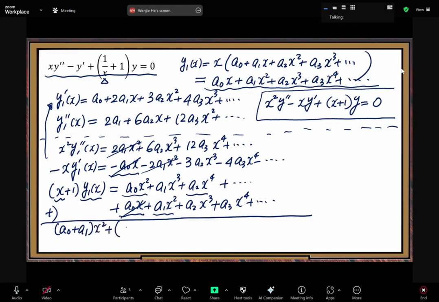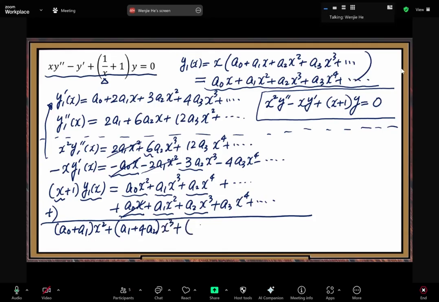All right. Cube term: 6a2 minus 3a2 and a1, but a2 here, right? 6 minus 3 plus 1. So 4a2 and 1a1. So a1 plus 4a2 times x cubed.